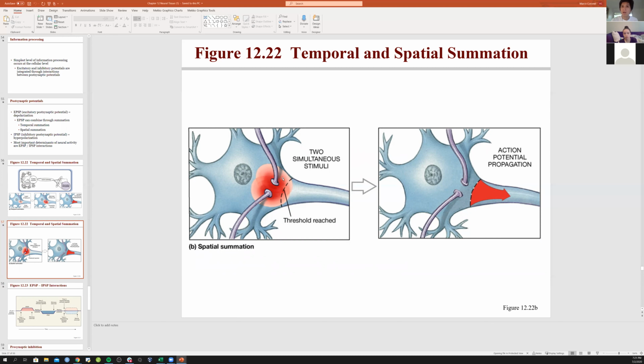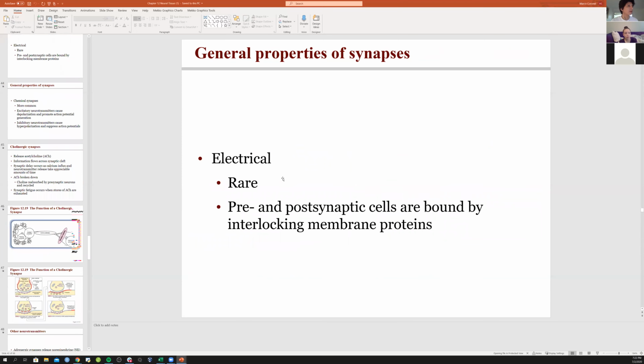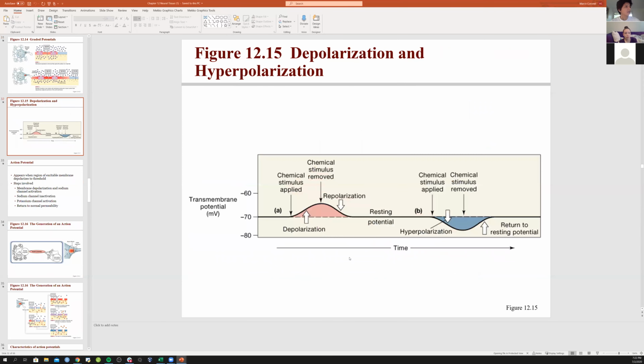But if you fire right after the one before, then it won't just reach negative 65, it will probably reach negative 60, because you haven't given the neuron time to go back to resting membrane potential. This is what we were talking about way back. You haven't given the neuron time to return to resting potential. So if you fire, there is an excitatory postsynaptic potential that sends the postsynaptic neuron, it kind of depolarizes it a little bit.